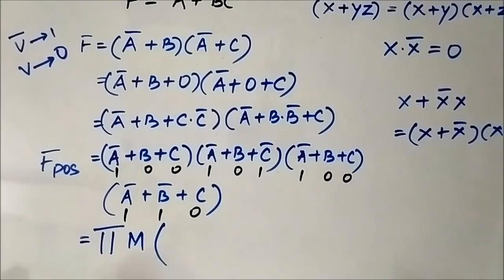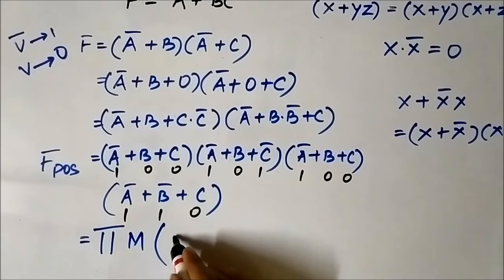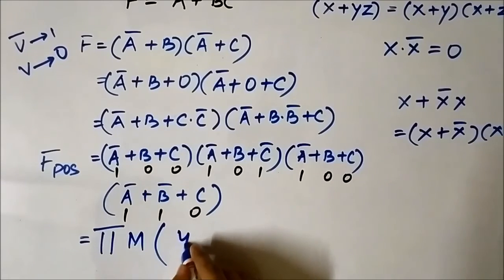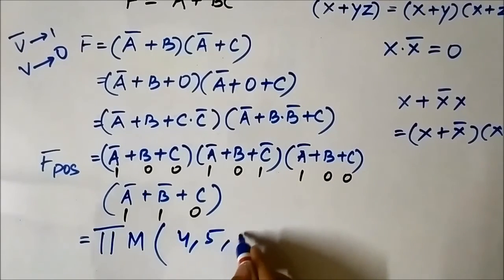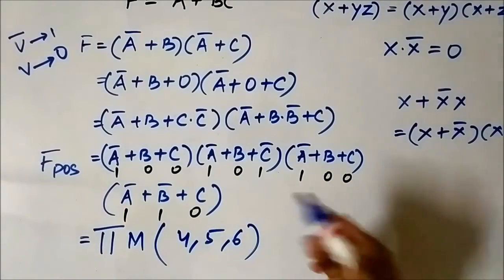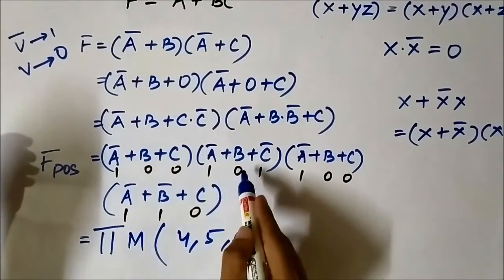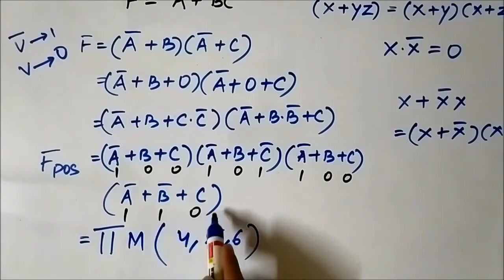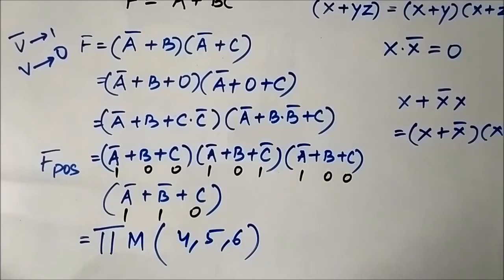So this will be 4, 5 and 6. These max terms are repeated, so it will become one. So 4, 5, 6: this is the binary representation for 4, this is the binary representation for 5, and this is the binary representation for 6. This is how we convert any given Boolean expression into POS form.